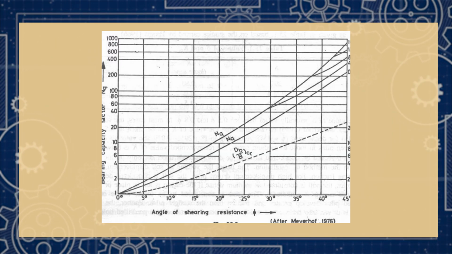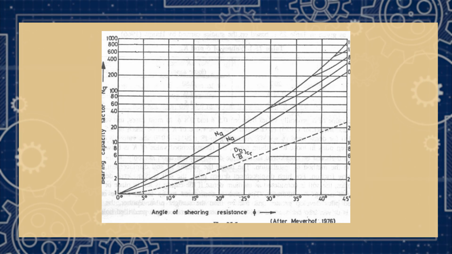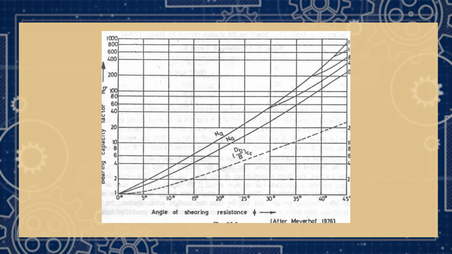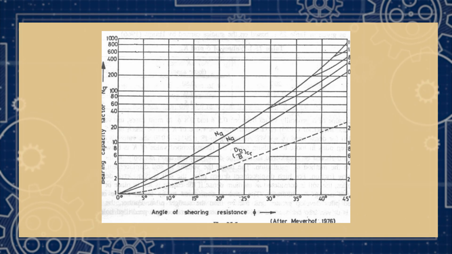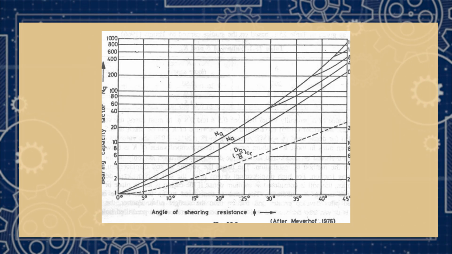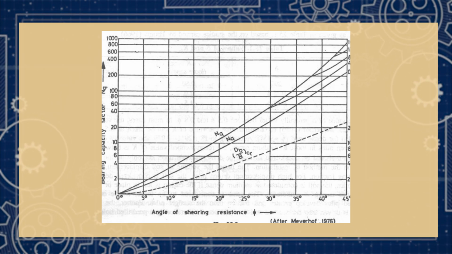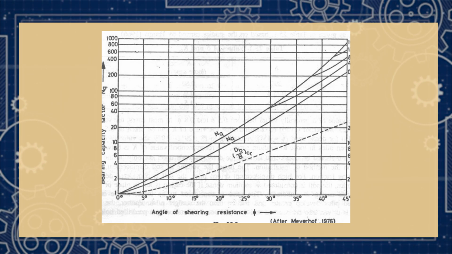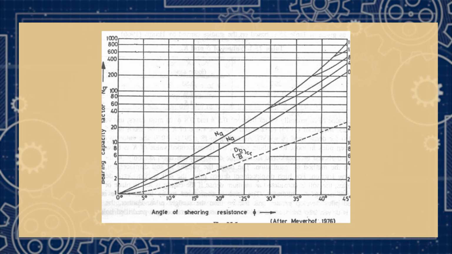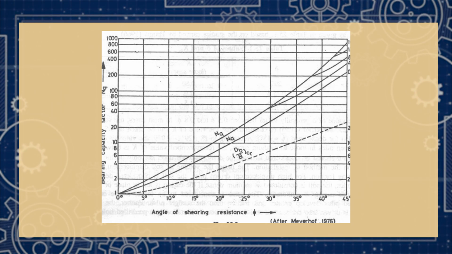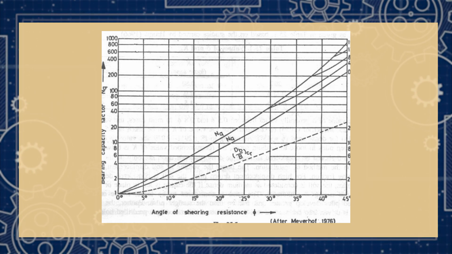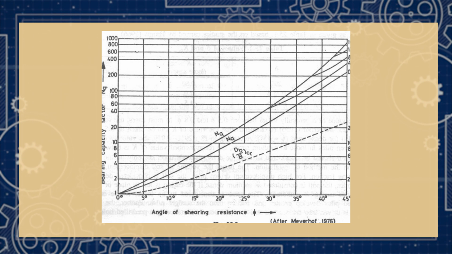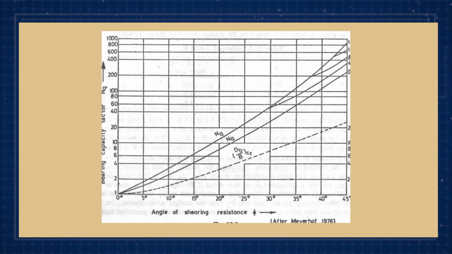If you see this chart very carefully, on the y axis is the bearing capacity factor, that is Nq. It starts from 0 and goes up to 1000, and on the x axis you can see the angle of shearing resistance, meaning the friction angle. How do you get this? It is obtained through a laboratory test.